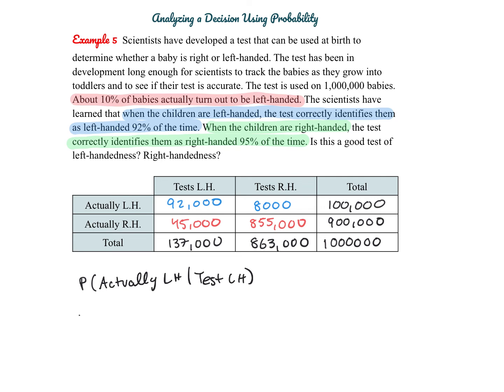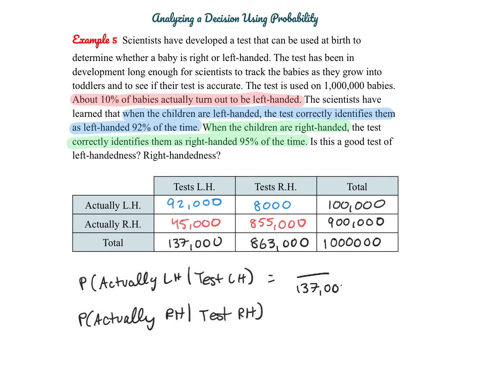And then we would also want to know the probability that they are actually right-handed given that they test right-handed. So if I give my kid the test and it says they're right-handed, what is the probability that they actually are right-handed?